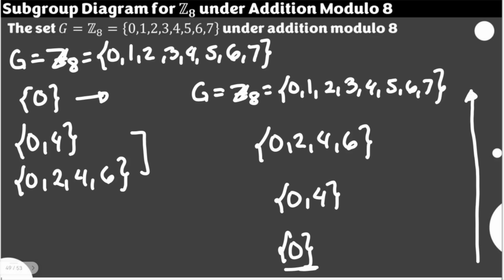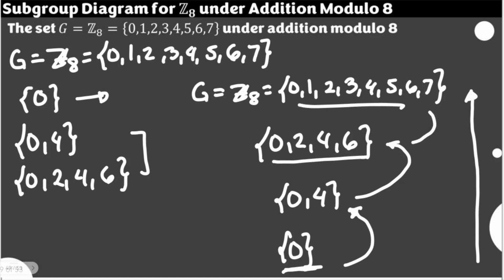In this specific order, we can say that this is a subset of this set or group. This is also a subset of this subgroup, and of course all of these are here, so this is also a subset of that. So we can actually write it in this order, because what we can see at the bottom are of course subgroups or subsets of what is at the top.